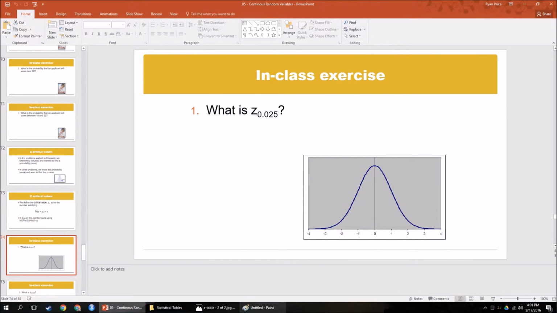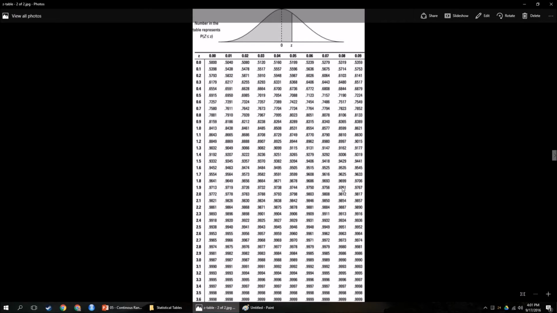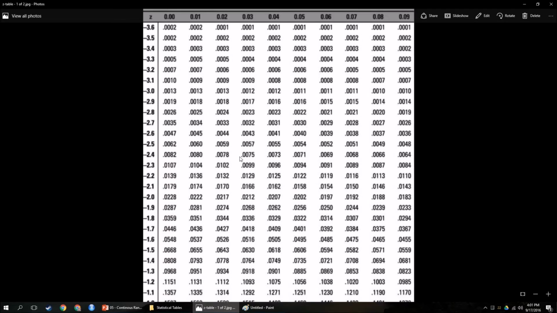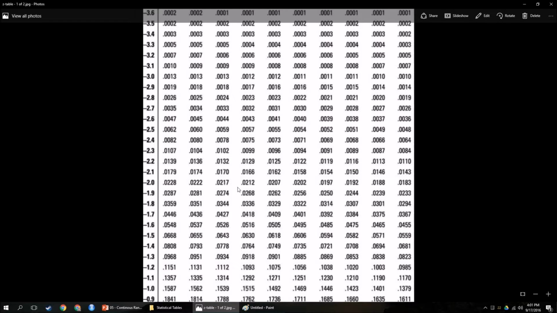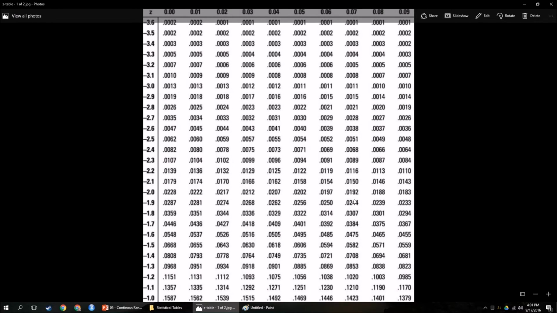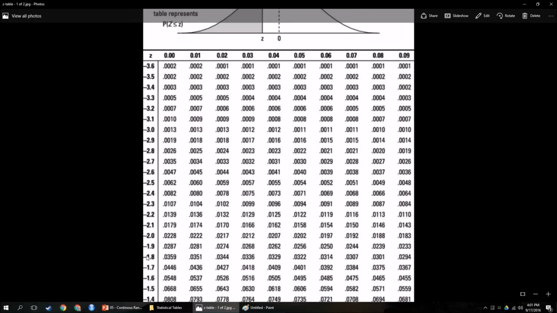Okay, so to find that, go to our z-table. We have to go to the negative z-table, with the negative numbers here on the left, and we have to find which one of these probability results is 0.025. So I go in and find where it gets to 0.025, or very close at least, and it looks like it hits it exactly at negative 1.96, right here: negative 1.9, here's my 0.025, 6, negative 1.96.